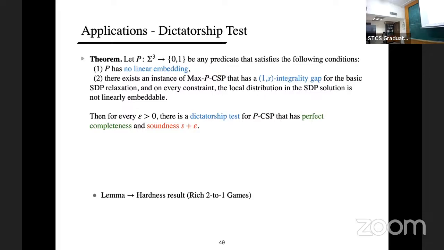This condition says that the support of that local distribution has to be non-linearly embedded. If you remove this part, is there something you can recover? No. I'll be happy to explain why we need this condition, but after that.